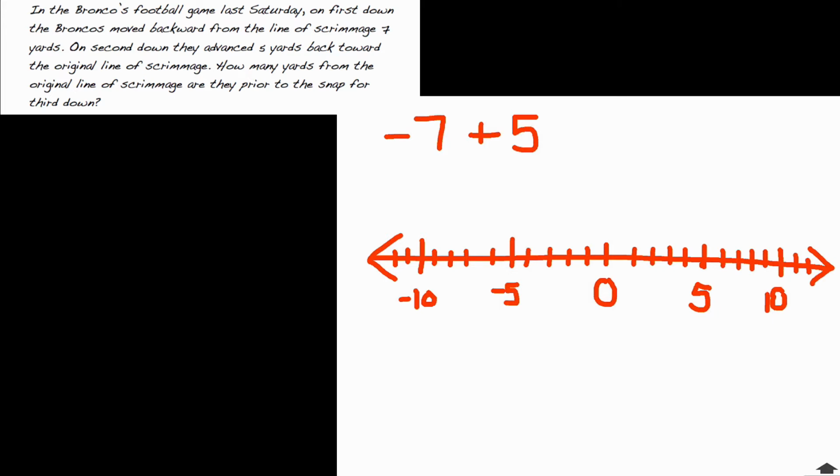So not knowing exactly where I'm going to end up, I'm trying to give myself plenty of room to work. Now, for this instance, 0 is going to be my line of scrimmage. Okay, and so I'm going to start at 0 and I'm going to move from there.